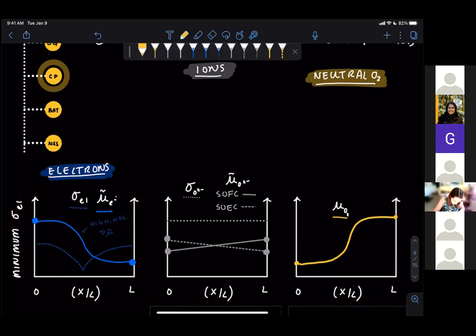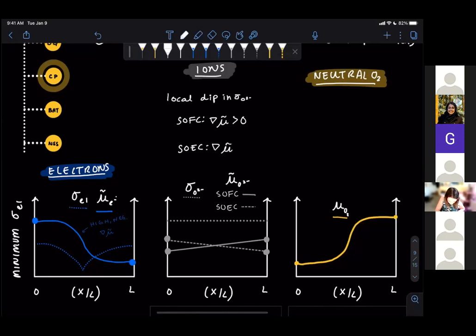So if we think about what happens at some sort of local dip in the ionic conductivity. For a solid oxide fuel cell, that would mean that our chemical or electrochemical potential gradient of the ion is going to be greater than 0. We already have this. And for the electrolyzer cell, the gradient is going to be less than 0.